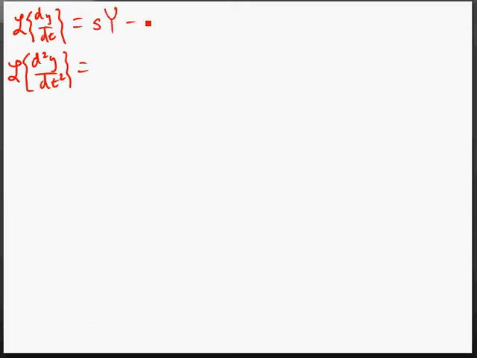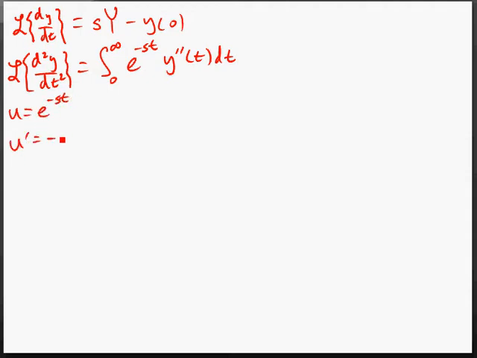Using the same kind of definition that we did before, you're going to say integral 0 to infinity e to the minus st times, I'm going to call this y double prime of t dt. Similarly, as we've seen, we say u is equal to e to the minus st, u prime equals negative s e to the minus st, v prime is equal to y double prime of t, and v is equal to y prime of t.